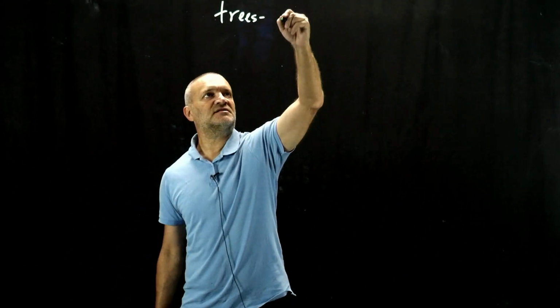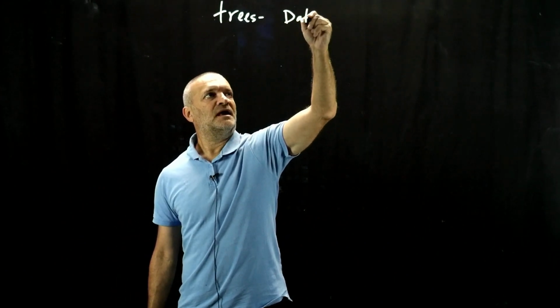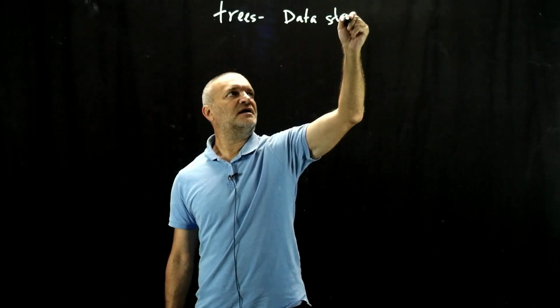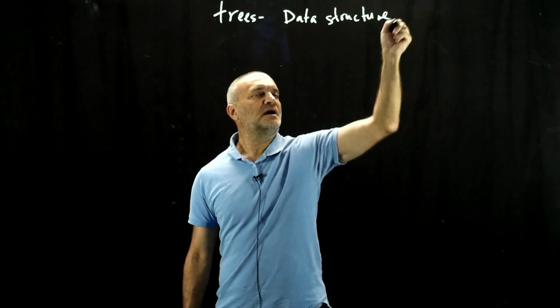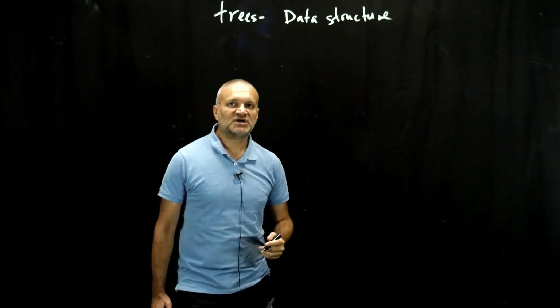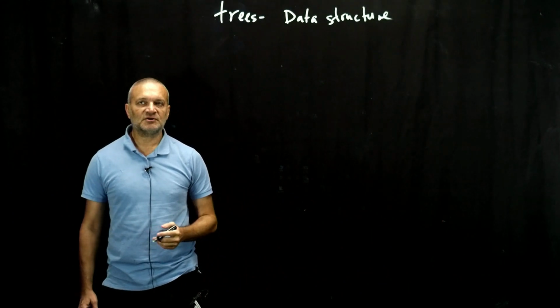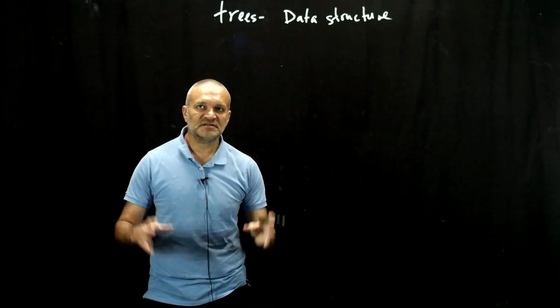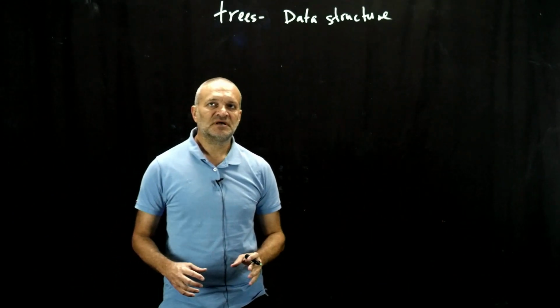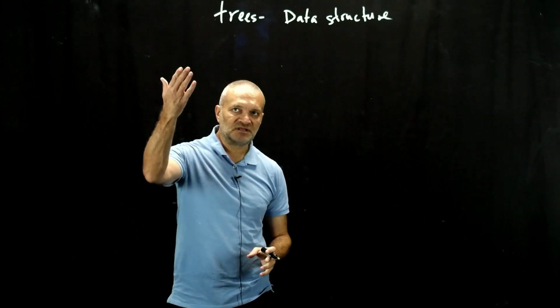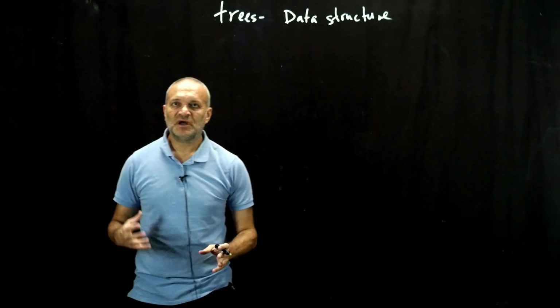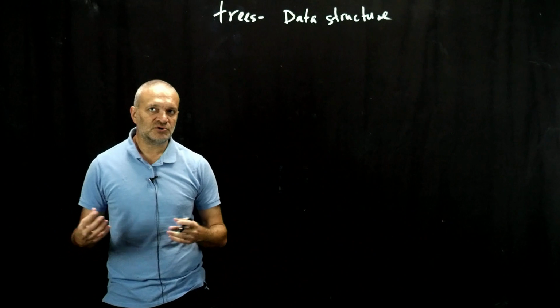This is basically the bulk of the data structure in computer science. Everything else inside your computer is stored in this fashion, and I'm going to show how it is, and then I'm going to give you some examples.